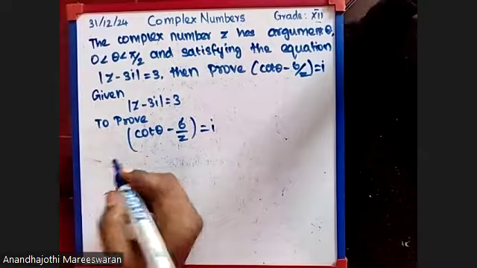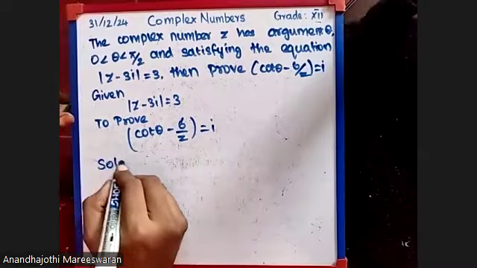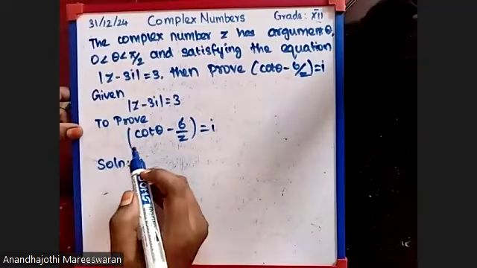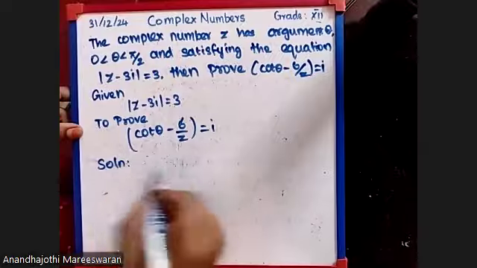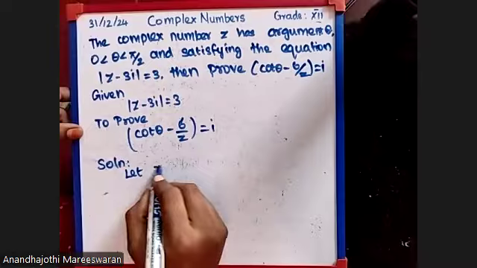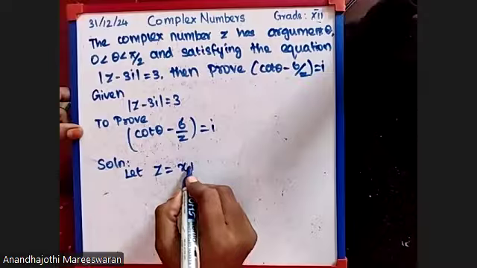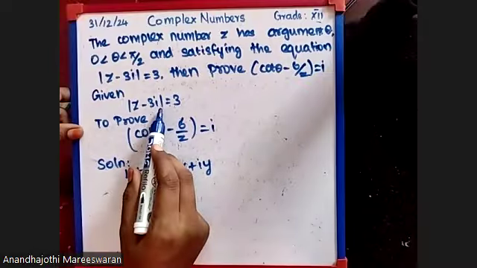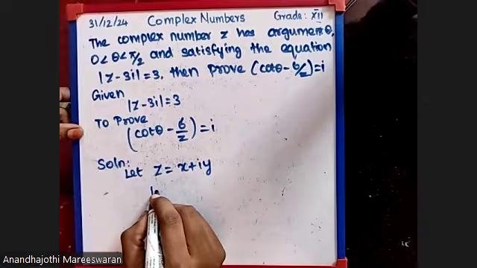Okay, let's write the solution. Shall we start? For solving this, I will take z equals x plus iy. But what is given here? The modulus of a complex number.